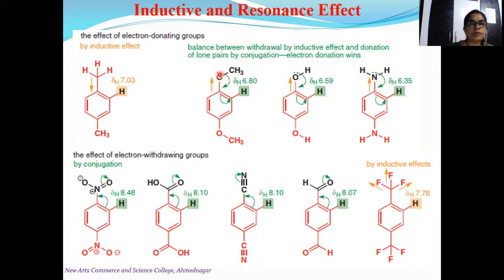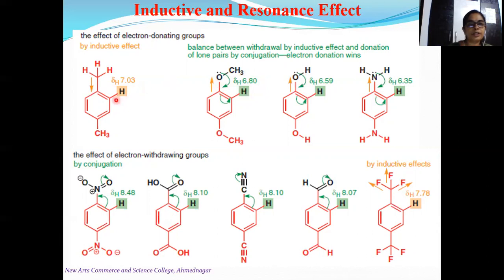So now if we compare, the resonance effect will be stronger in this case. Methoxy oxygen donates the electrons by resonance and the ortho position becomes electron rich. Therefore, the proton present on ortho position is shielded proton. Its delta value is 6.80.